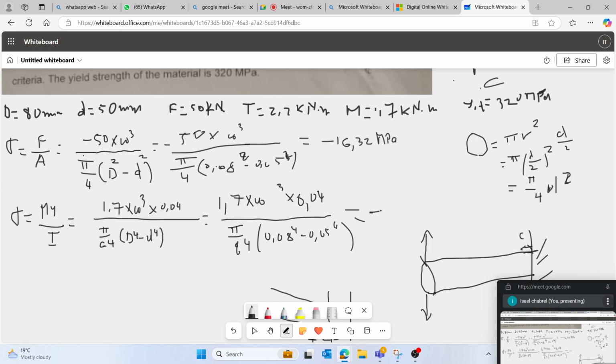The answer here, I will write plus minus. What's the value? I will explain the reason why it is plus minus. The simple reason is that at one position the same stress is positive, and at another position it is negative.